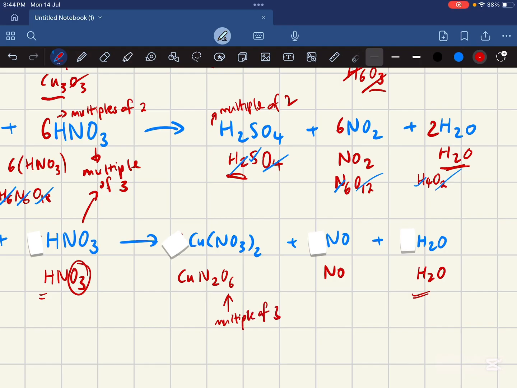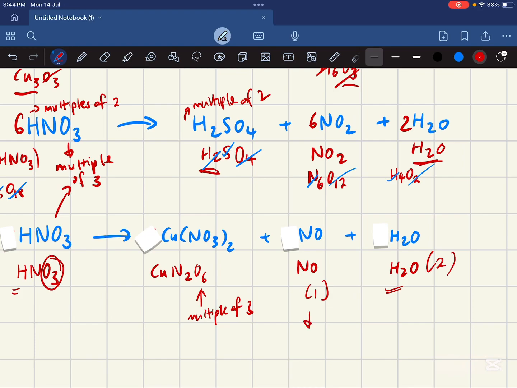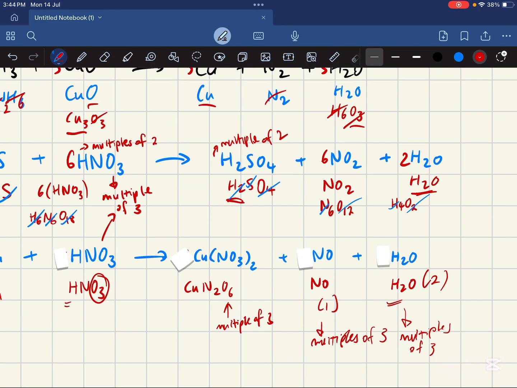And so you have, it can be like a 1, 2, so on. Or they can both just be multiples of 3. So that depends.